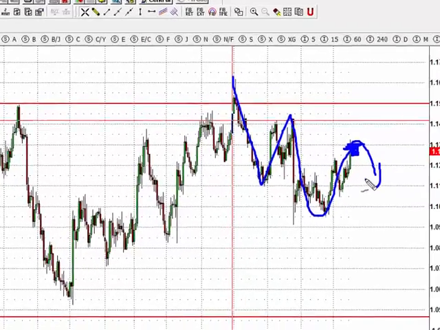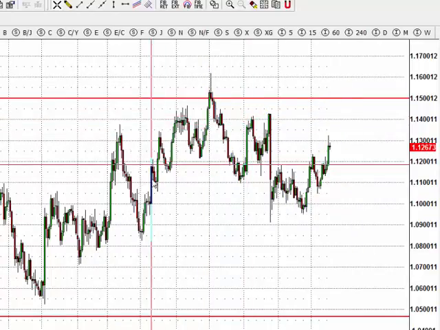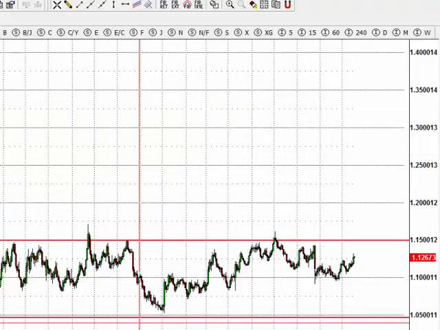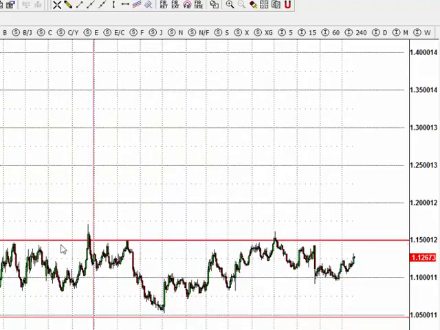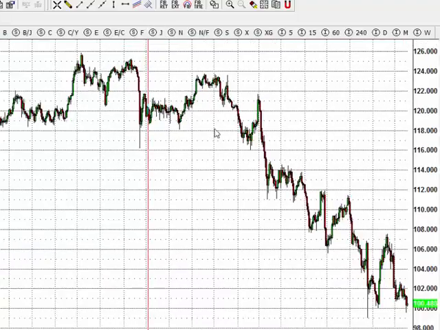So we're looking to see if the market will continue down, or will it revisit the old top. That's what's happening here in the euro. I know it's August, and during the August months we can have some very slow markets, and that's what's happening with the euro.